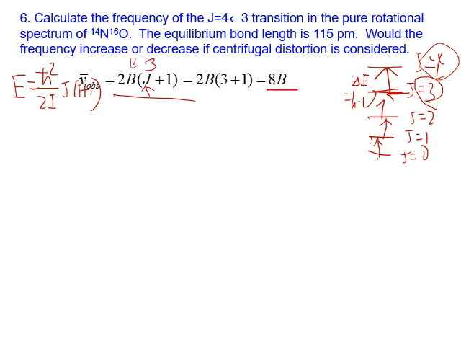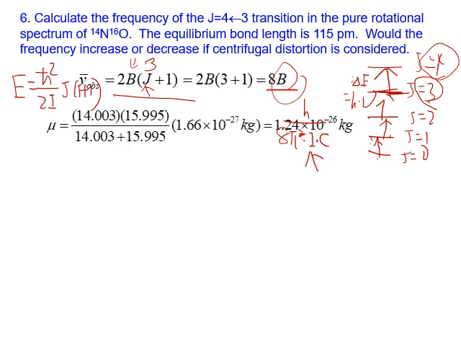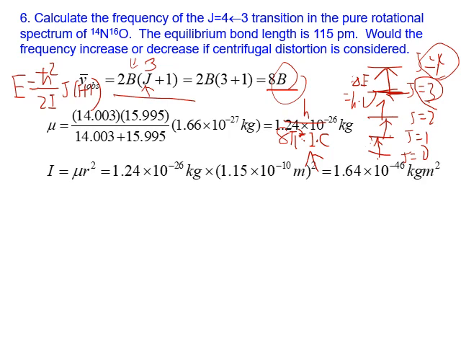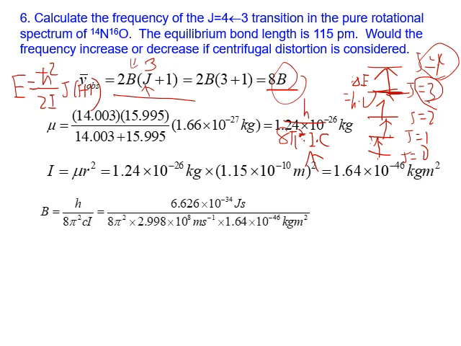But what is B? B is the rotational constant, which is defined as h divided by 8 pi squared times I times c, the speed of light. In order to use B, we have to calculate the moment of inertia. Just like the last question, we need to calculate the reduced mass, then the moment of inertia, and then we can calculate the B constant.